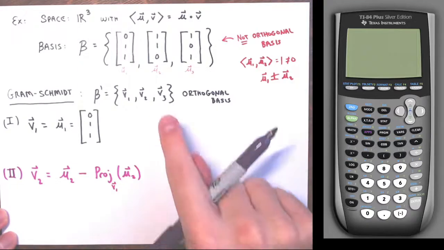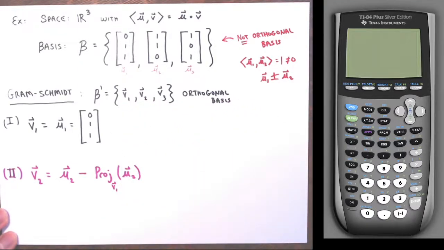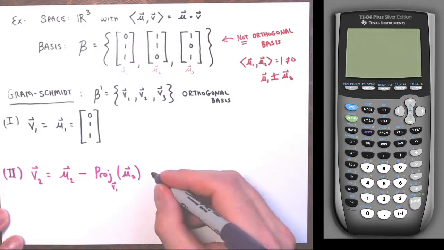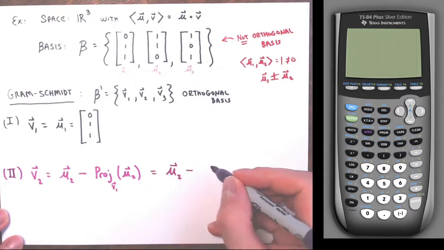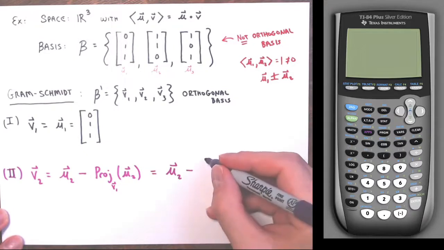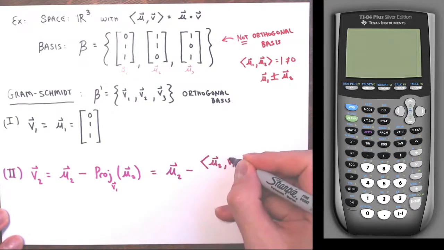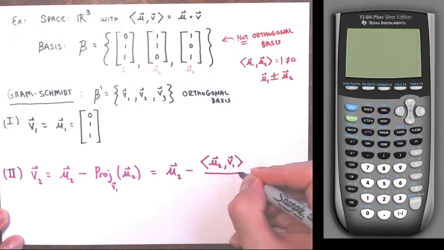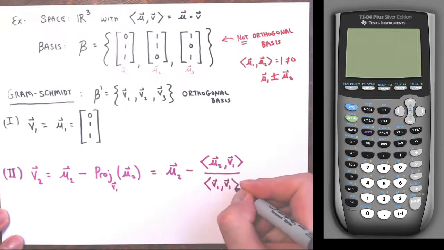And then when I get to v3, I'll subtract projections onto v1 and v2. And it just keeps going like that from there. Remember this is u2 minus the projection of a vector onto another vector: the inner product of u2 with v1 divided by the inner product of v1 with itself, times v1.